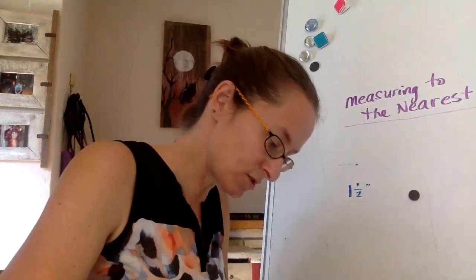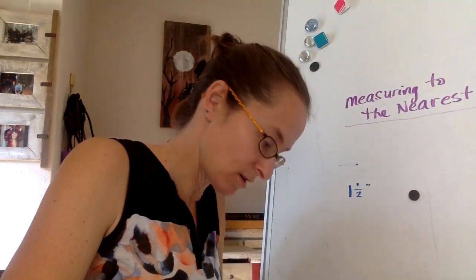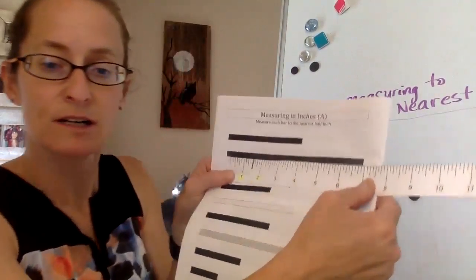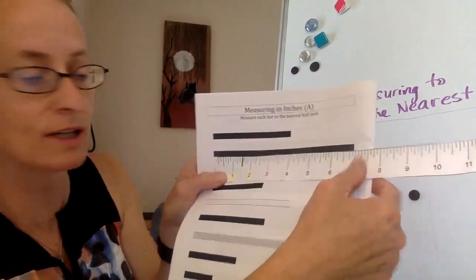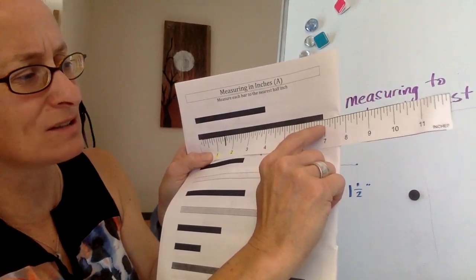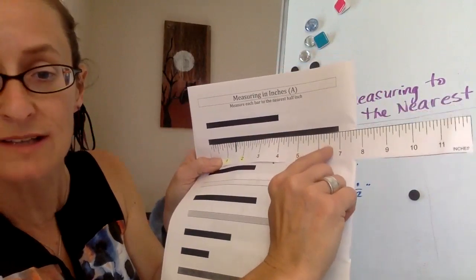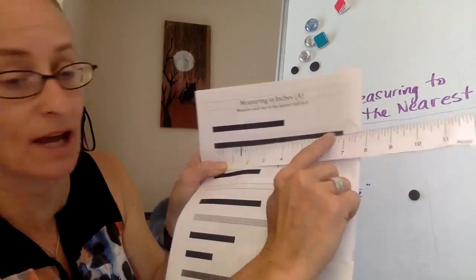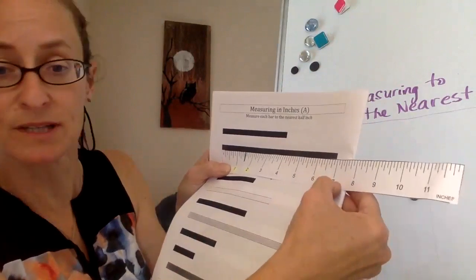Okay, so this is where we need a little practice. If I look at this, I see it's 6 and, oh, it's over the 6.5 mark. Remember, anytime it's over that midpoint, the nearest whole would be 7.